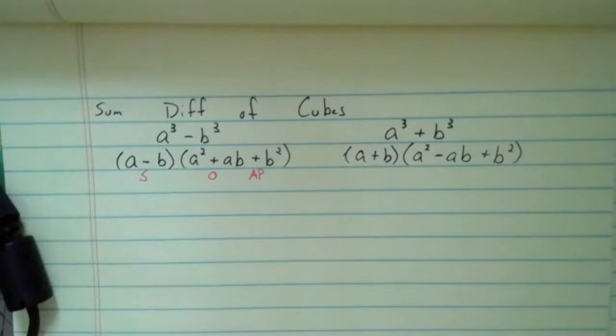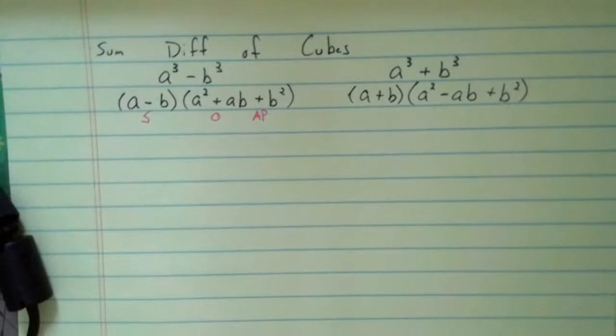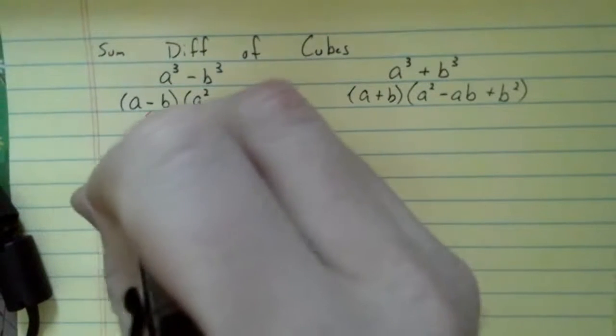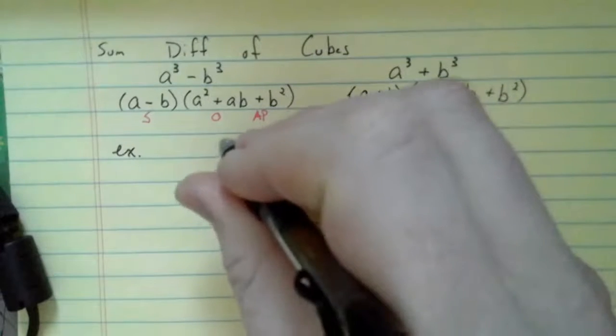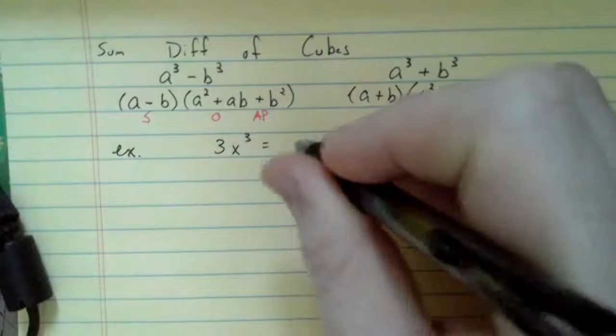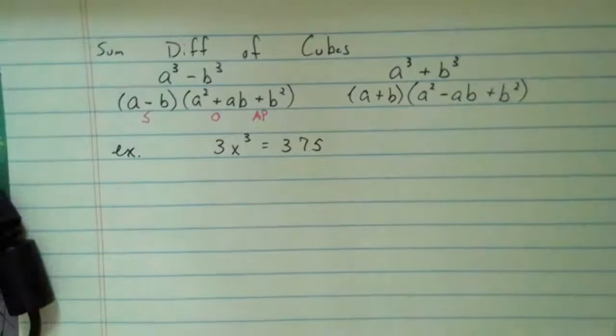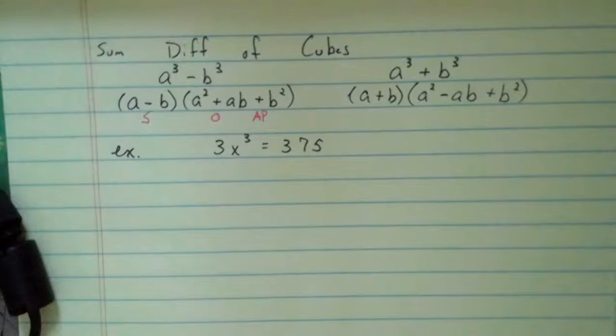Now, how do we solve them when they come up, okay? So let's say we've got one like, oh, I don't know, example here. We'll go with a nice 3x cubed equals 375, okay? So first, right, we're using the zero product property.